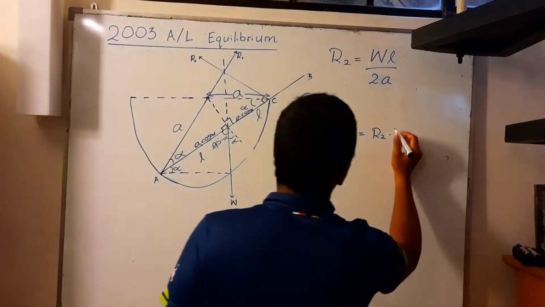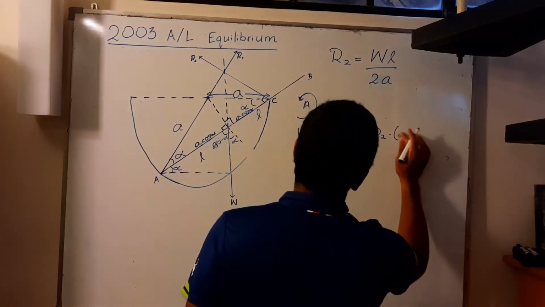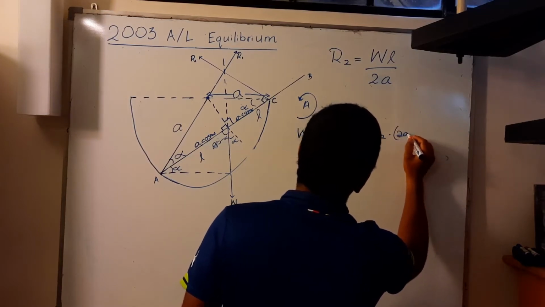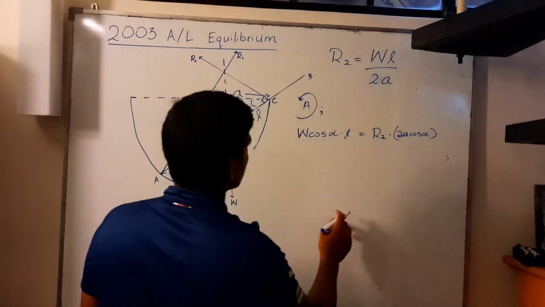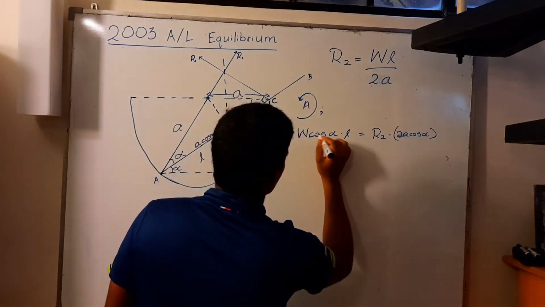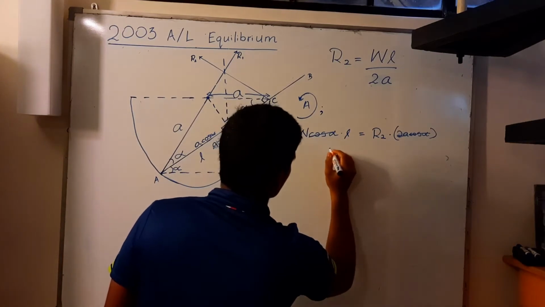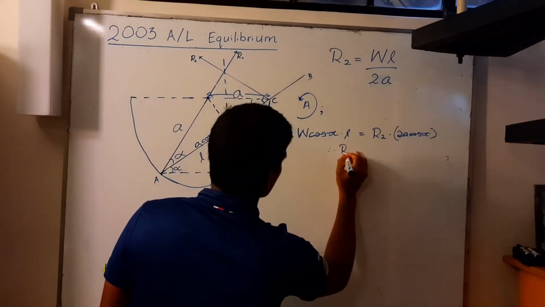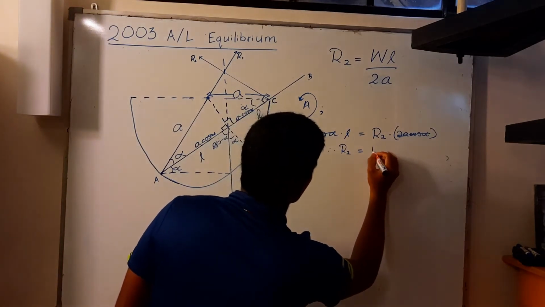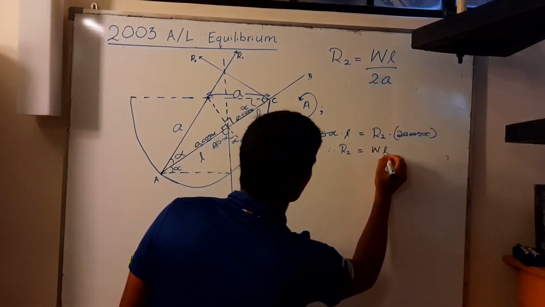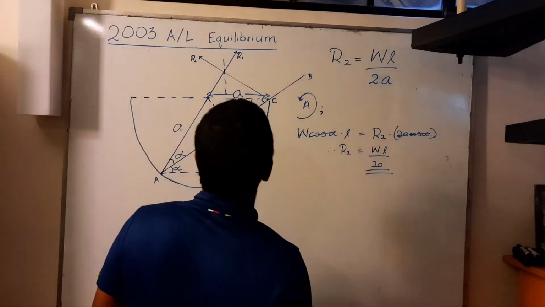So we can say R2 into A cos alpha plus A cos alpha, so that's 2A cos alpha. The cos alphas get cancelled out, so R2 equals WL over 2A. That's basically what they've asked us to find first.